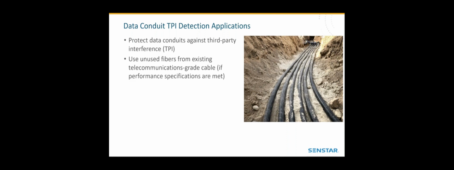So with the FiberPatrol system, we can use an unused fiber that's in the cable if it meets some basic performance requirements. And again, analogous to the pipeline case, we can get early warning of digging or the presence of a digger that might incidentally dig into the cables. And in some scenarios, you may want to protect your cables from deliberate tapping, and we can do that with the FiberPatrol system as well.